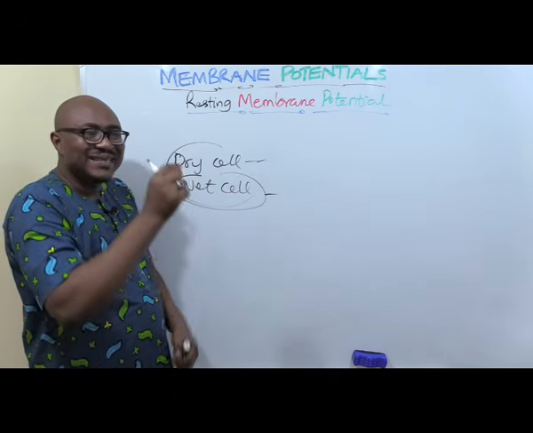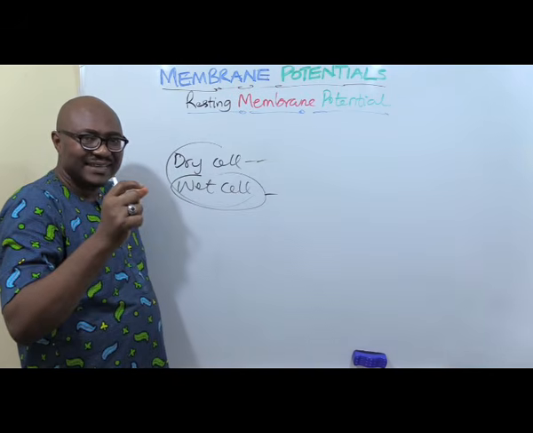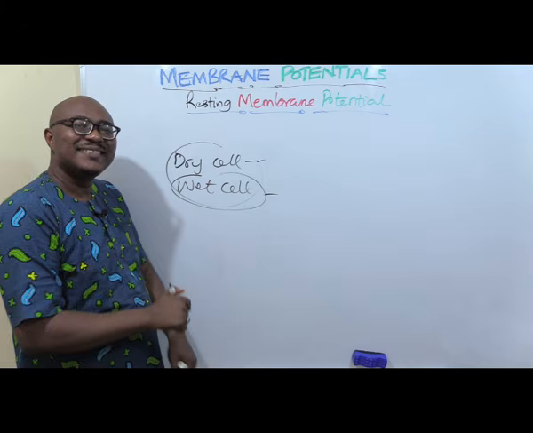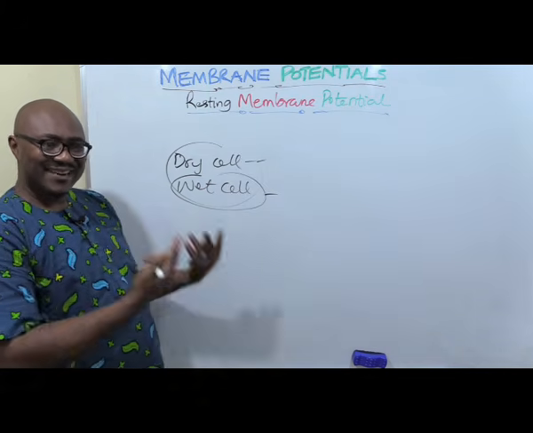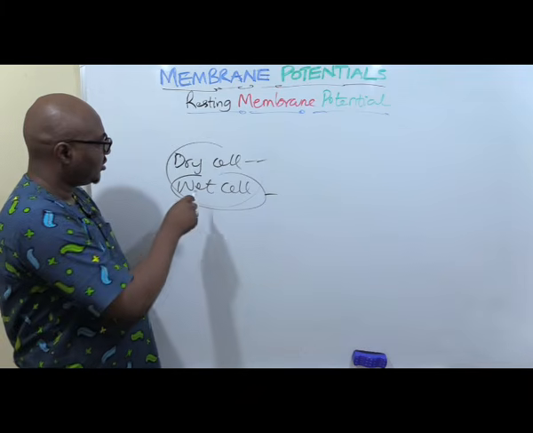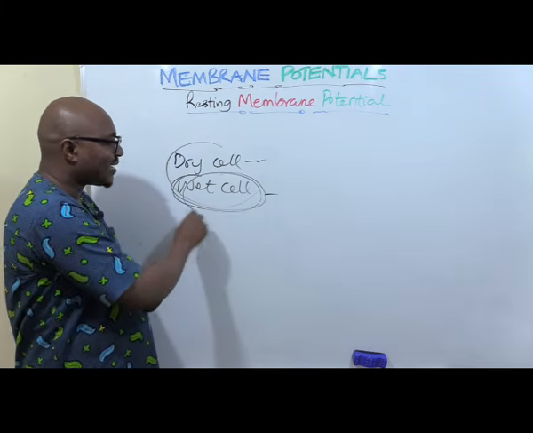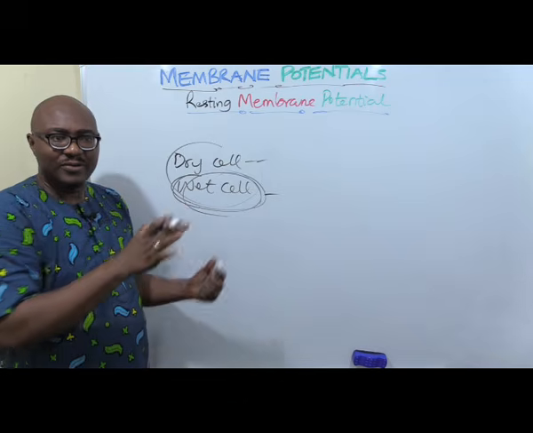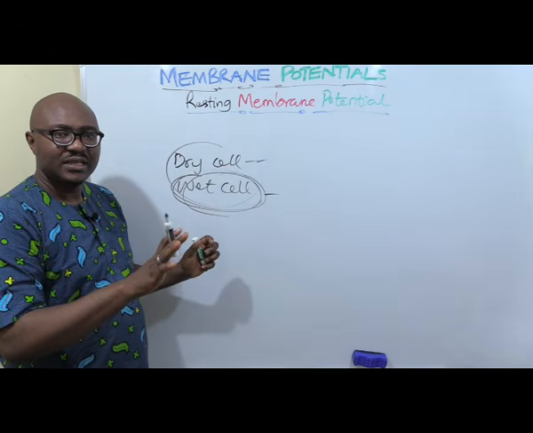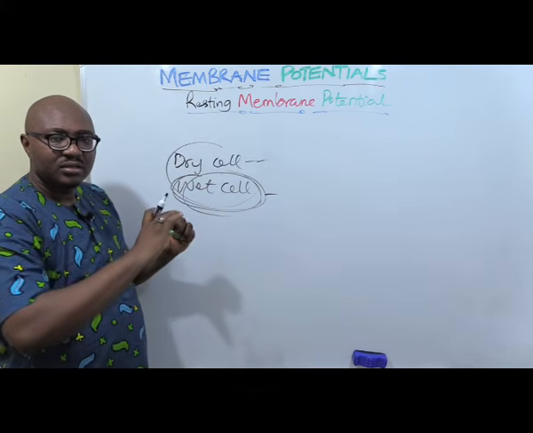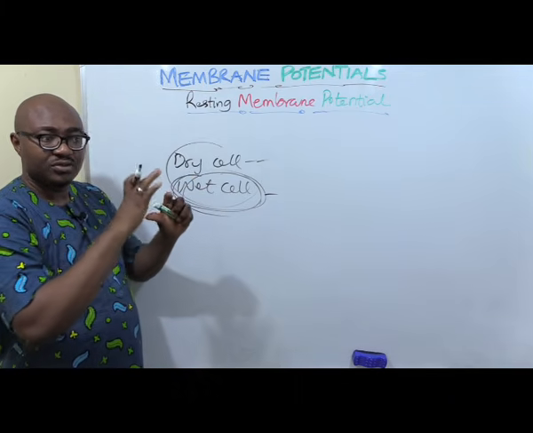All right. So the nerve is like a wet cell. It has the ability to generate electricity through chemicals that surround it. Every cell is bathed by extracellular fluid that has chemicals and ions.